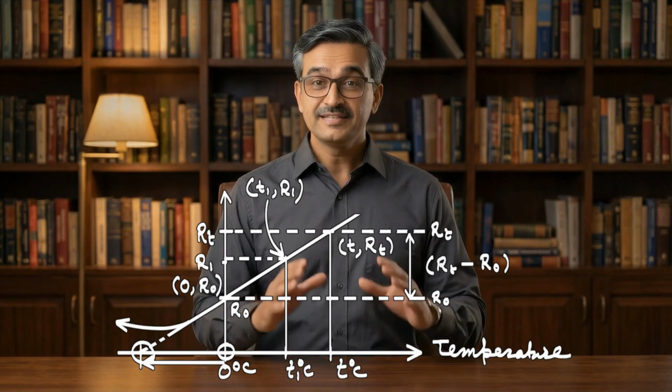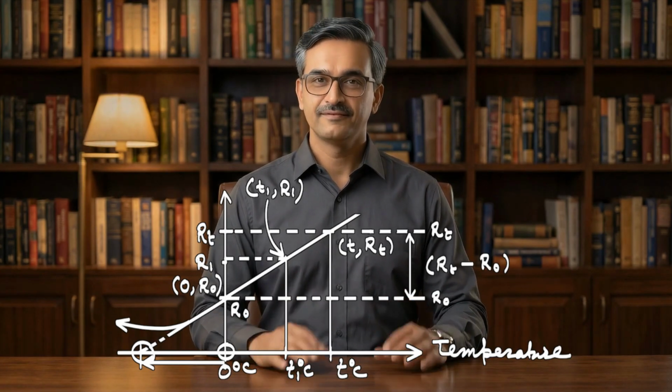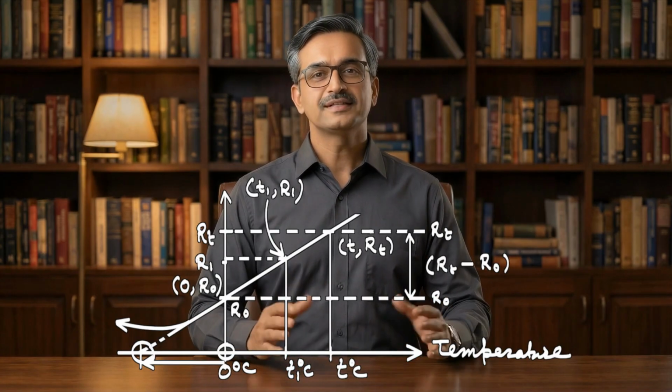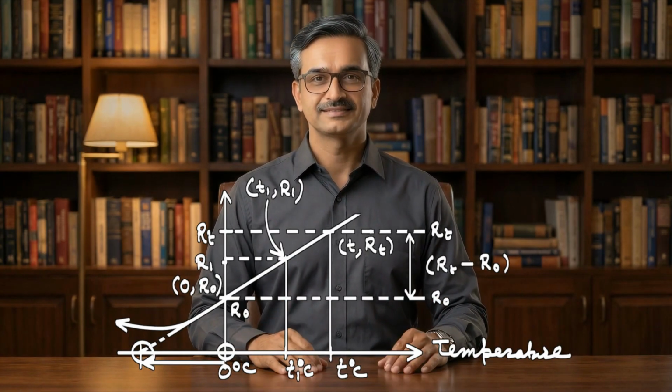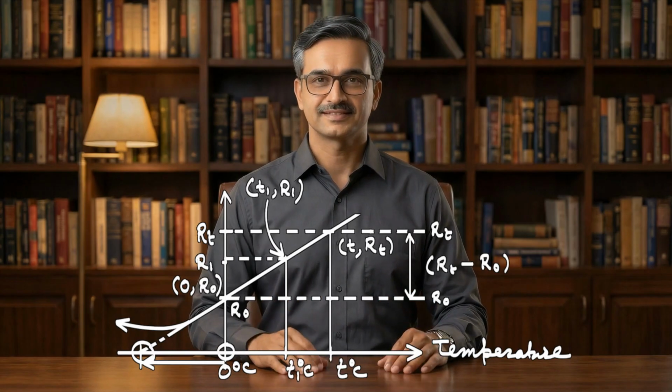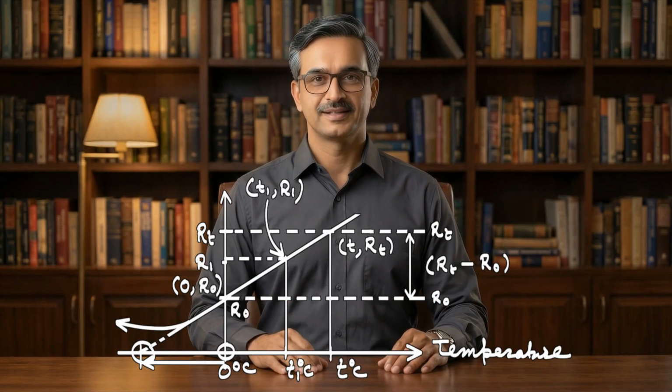And generally, we take 0 degree centigrade as the reference temperature. So we always consider the resistance at 0 degree centigrade as the initial resistance. Now let us write it mathematically.